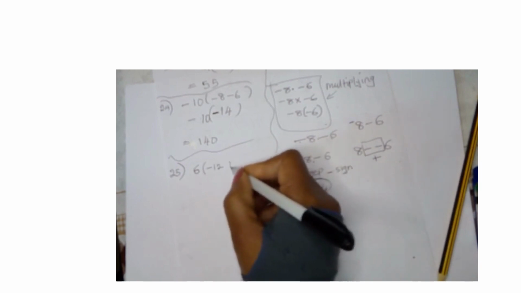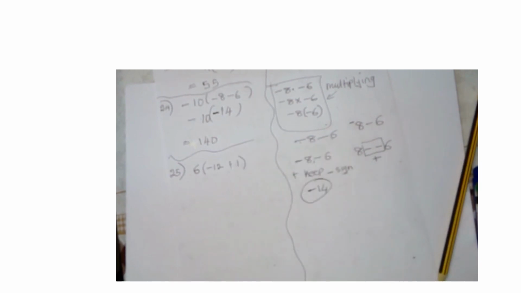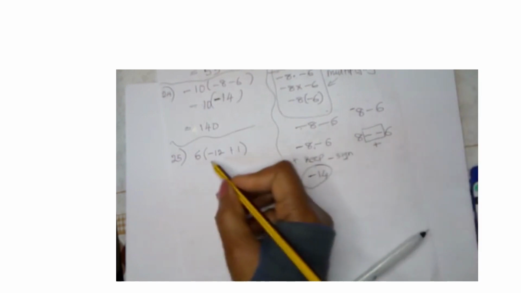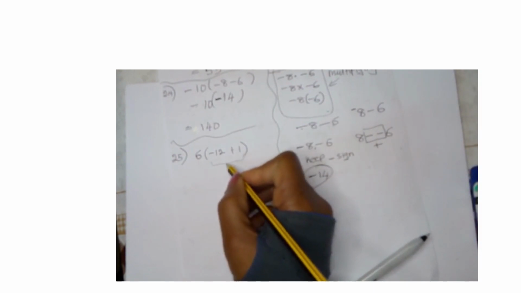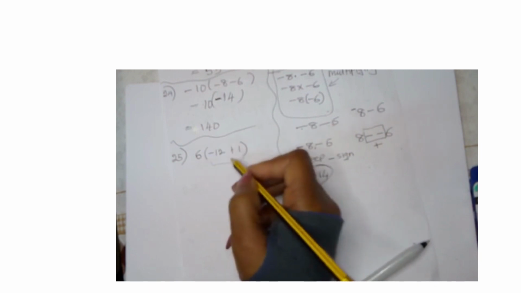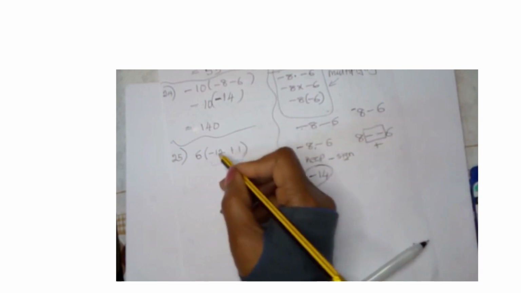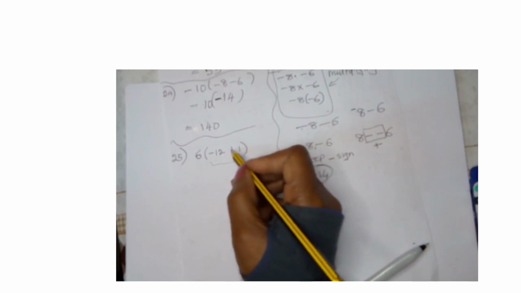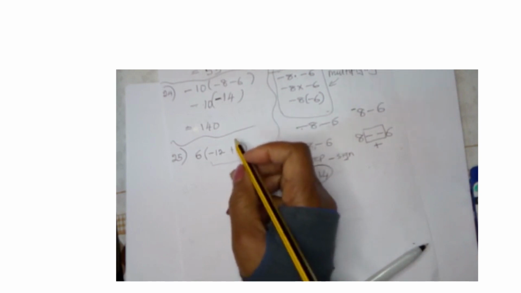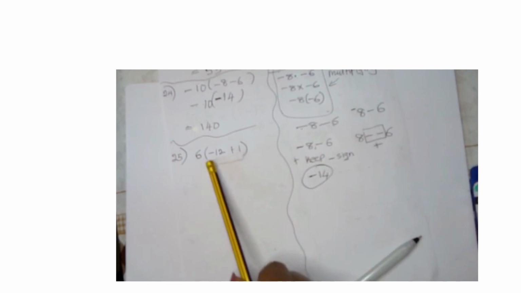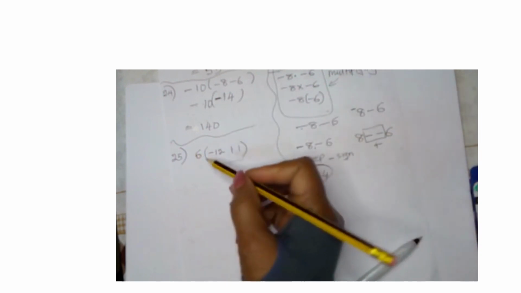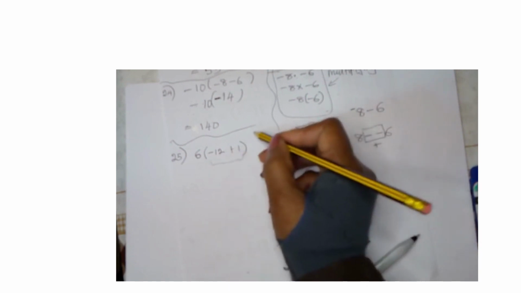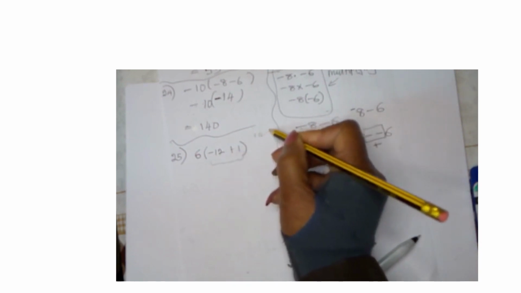Using the order of operations, you always solve the bracket first. So negative 12 plus 1, it means you have to subtract, but you keep the sign of the bigger number. See, you have negative and positive. Even if you write plus 12 minus 1, you still subtract, but you keep the sign of the bigger number.